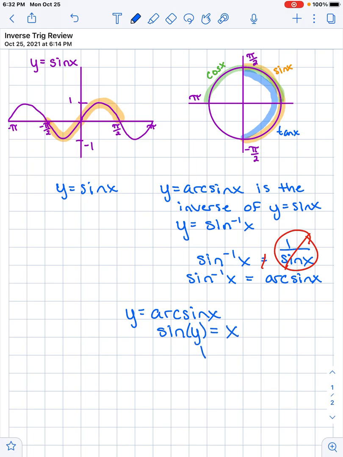So what we're solving for is, what is the angle? That's what we're looking for. In the original function, we know the angle and we're trying to find the ratio, the opposite over hypotenuse. In our case, we're saying what is the angle if we know the ratio?